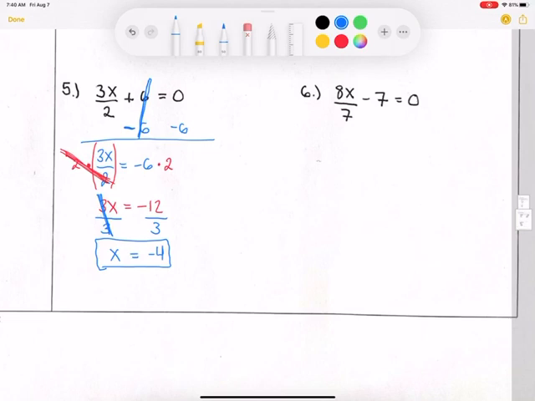Same process for example 6. We're going to move this negative 7 over by adding it to both sides. I'm left with 8x divided by 7 equals positive 7. To get rid of this fraction, or the 7 that's in the denominator of the fraction, I would multiply both sides by 7.